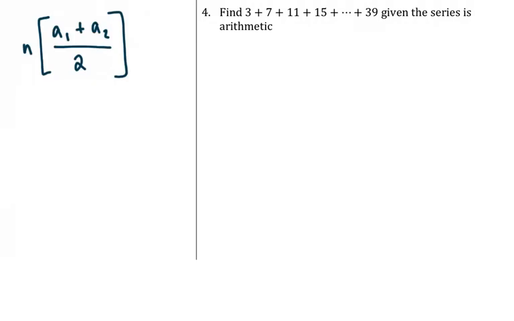So here we have our first term, 3. We have our last term, our a sub n, and we can look at the numbers 3, 7, 11, 15, and we can see that our common difference here is positive 4. So if I'm looking at this formula here, the only variable that I'm missing is our n value.